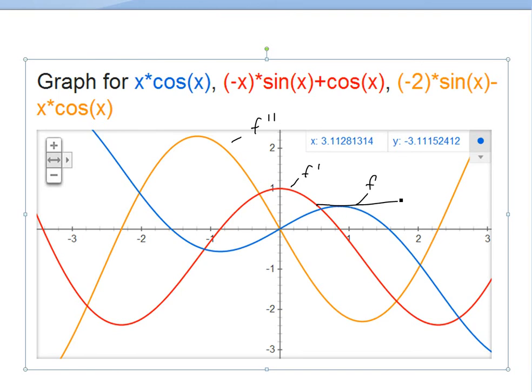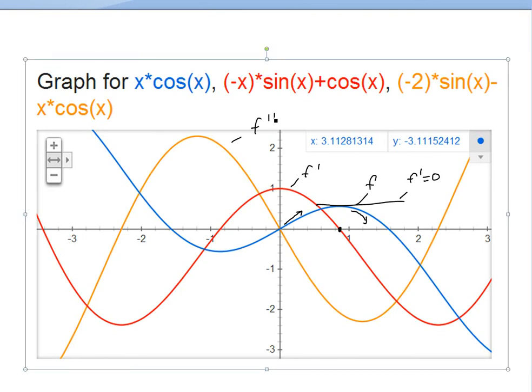So if you have a horizontal tangent line here, f prime of x at this point has to be 0, and as you can see, f prime is 0 right here. And you have a positive slope whenever f is increasing, but as it is decreasing like this one, you're going to have a negative slope or derivative.